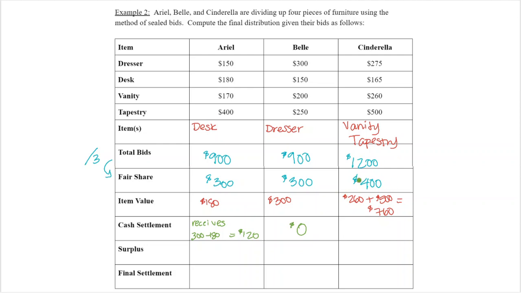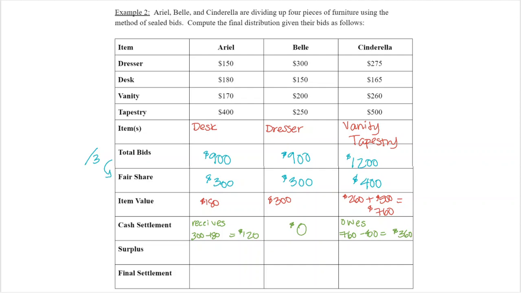Cinderella, her fair share is 400. Her items that she has gotten are worth $760. So she owes some money. So 760 minus 400. Cinderella actually owes $360. So Cinderella pays $360 in cash. 120 of that goes to Ariel.